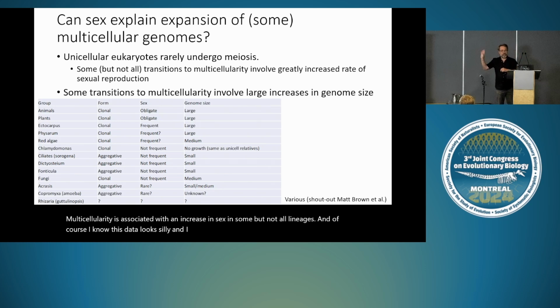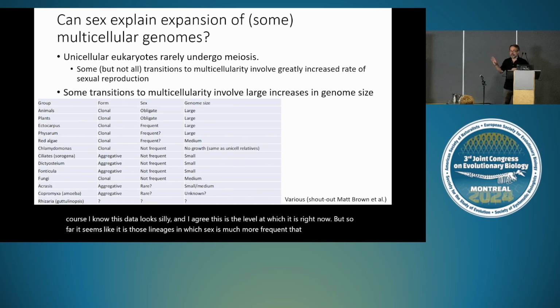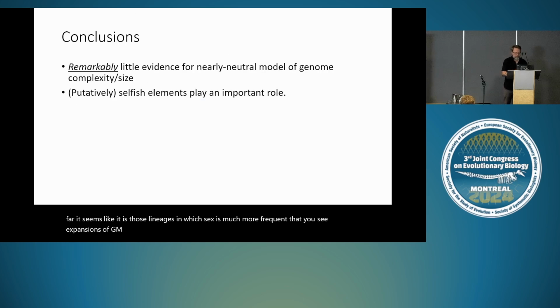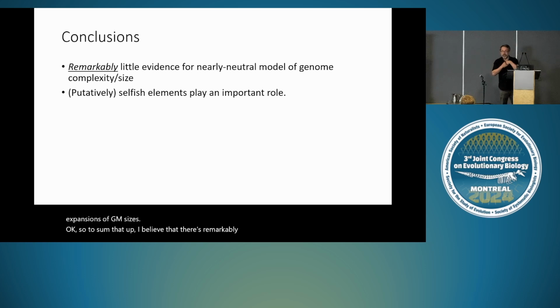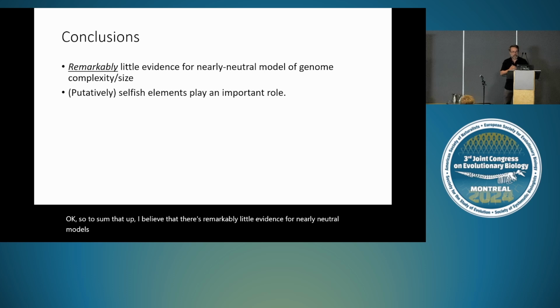This is the level at which it is right now. But so far, it seems like it is those lineages in which sex is much more frequent that you see expansions of genome sizes. Okay, so to sum that up, I believe that there's remarkably little evidence for nearly neutral models of genome complexity and size, and that putatively selfish elements appear to be playing important roles.